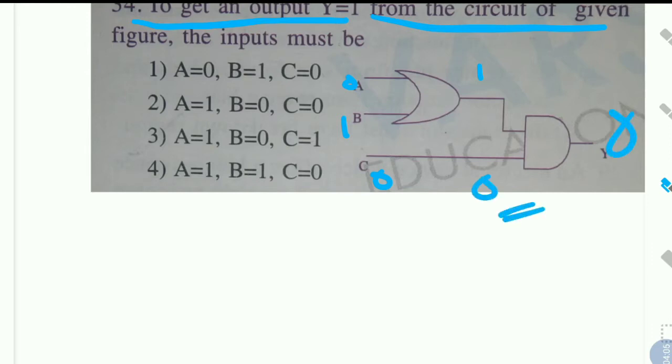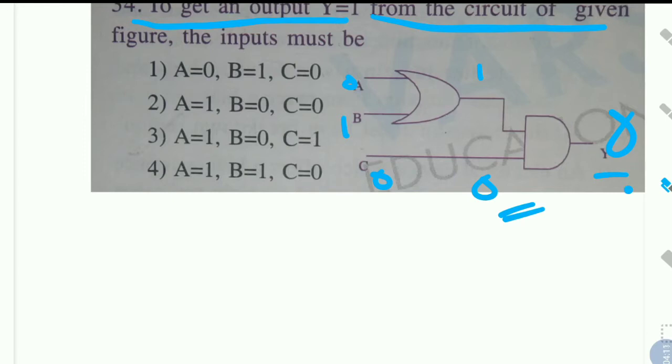From the options, 0, 1 gives a 1. So C is equal to 0, 1, 0, AND gate 0, output not equal to 1.